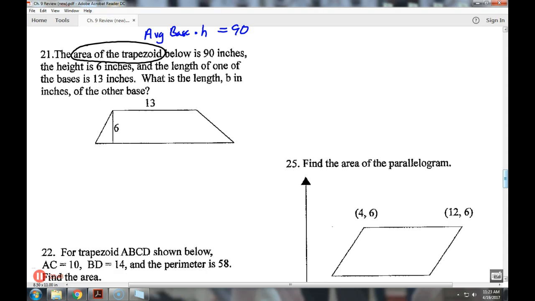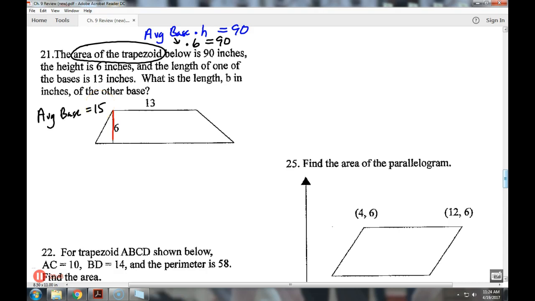So I know what the height is. The height of this trapezoid is 6. So basically, I have the average base times 6 equals 90, which means the average base must be 90 divided by 6. The average base must be 15.